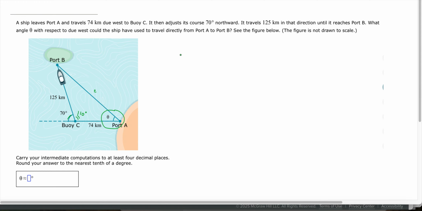So we'll use c squared is equal to a squared plus b squared minus 2ab cosine C. Okay, so c squared will be equal to 125 squared plus 74 squared minus 2 times 125 times 74, and then cosine C, which is 110.